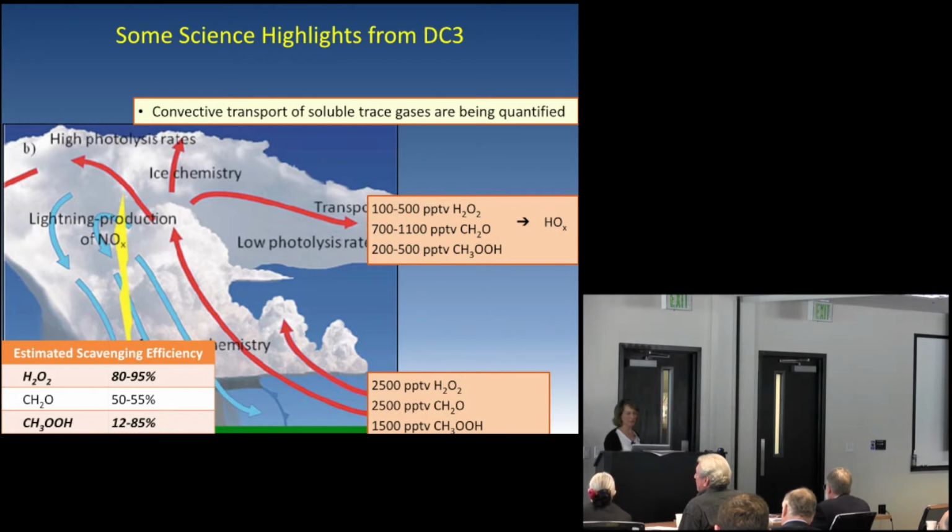And so basically the way to think about it is that we have a couple of parts per billion of these species near the surface of the Earth. They're getting transported, but only a few hundred parts per trillion are making it up into the upper troposphere. And so knowing how much we can count on getting up there feeds into how much HOx will be produced, and therefore contributing to the production of ozone.